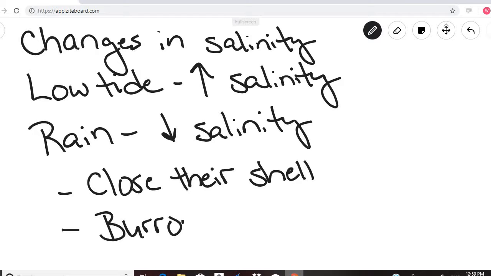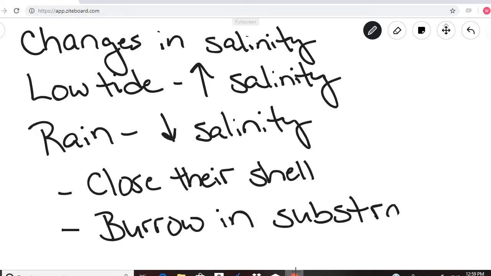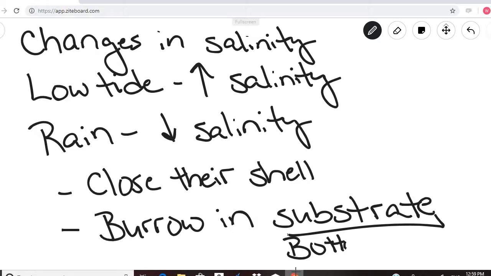We'll see, especially next chapter, there are a lot of organisms that burrow into the bottom surface, which we call the substrate. Organisms will burrow into that as a way of escaping these huge changes in salinity.